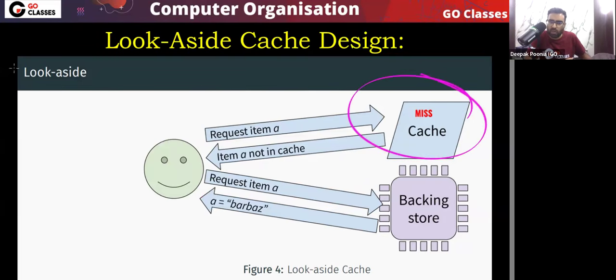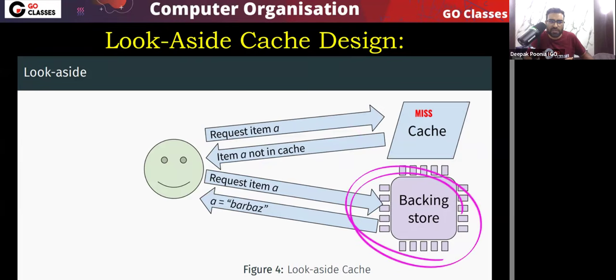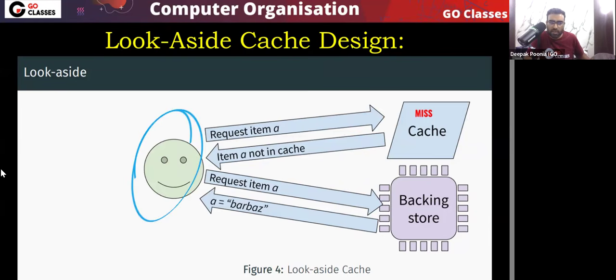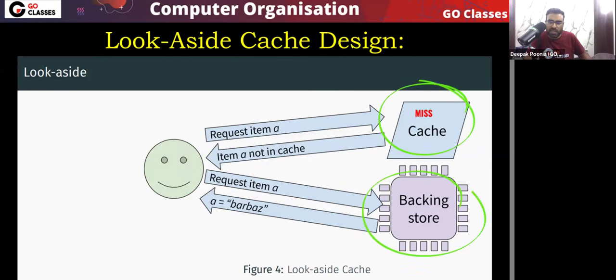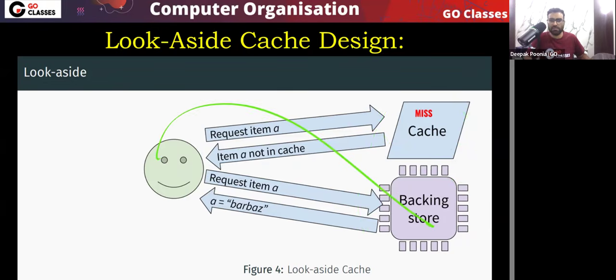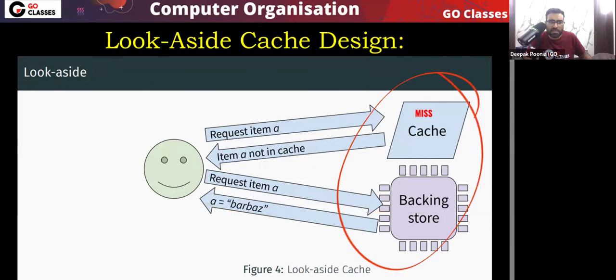Now let me tell you what will happen. Cache memory access time is very low and main memory access time is very high. For example, let's assume cache memory access time is 10 nanoseconds and main memory access time is 500 nanoseconds. Because cache memory and main memory are sitting in parallel, cache memory is not between CPU and main memory.